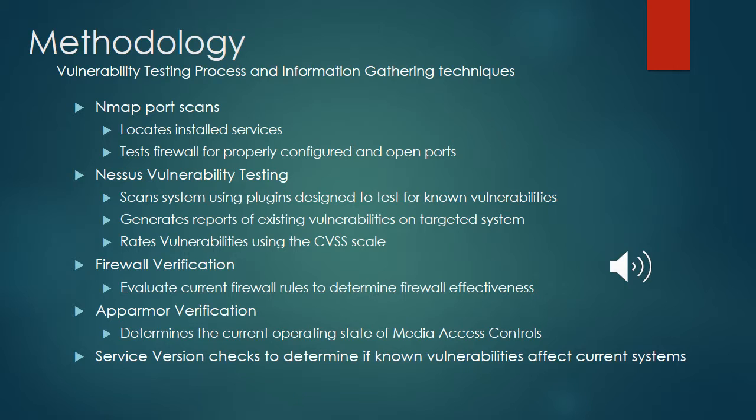This would scan all the ports on the system and report whether certain ports were open if a service was installed on that port. And it also helps test the firewall for properly configured and open ports. If a service was installed but was not getting through the firewall, this system would report it as blocked.